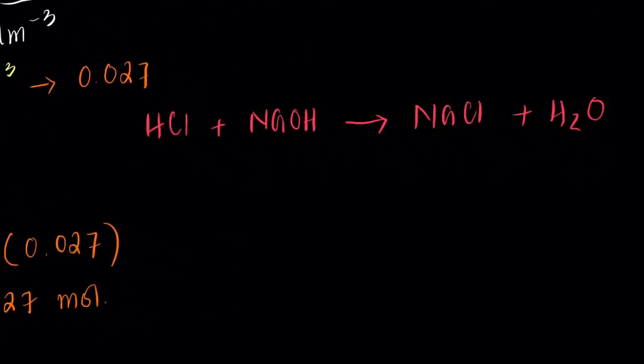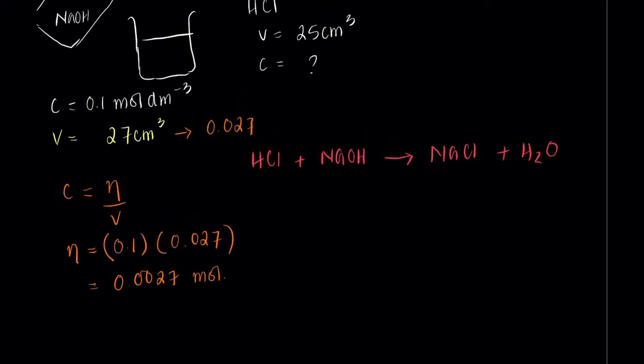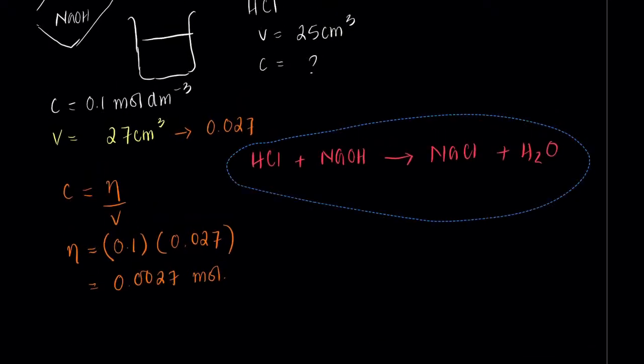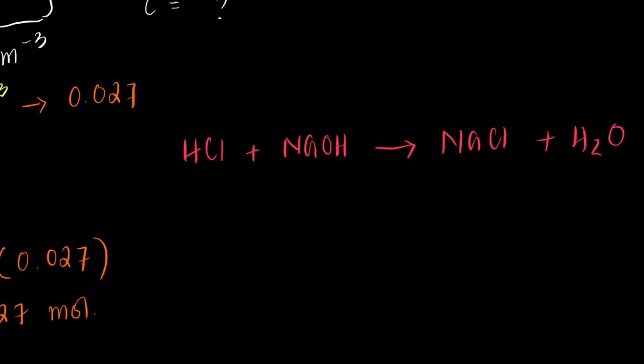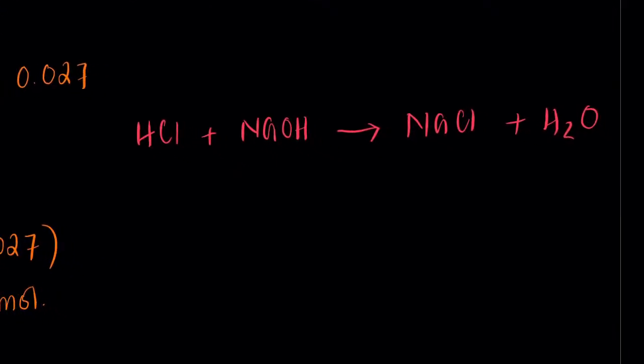So if I zoom in a bit over here, this is 0.0027 moles. The relationship we saw earlier between hydrochloric acid and NaOH is 1:1.